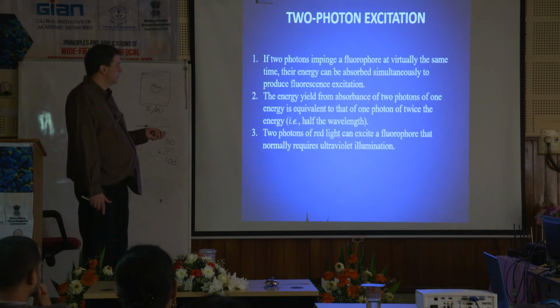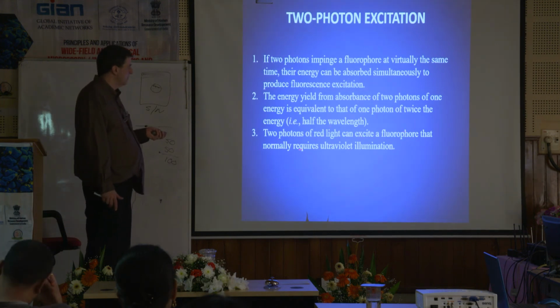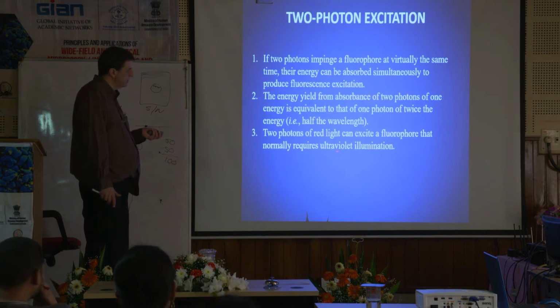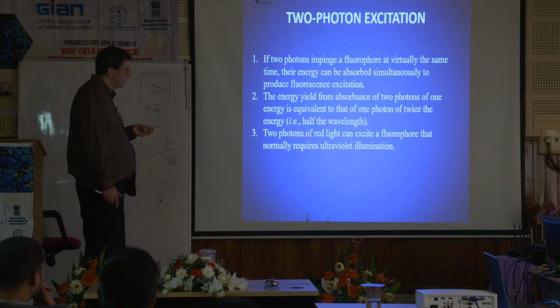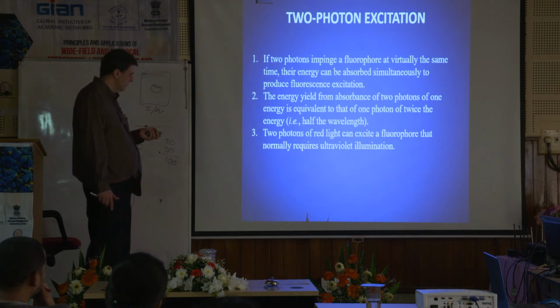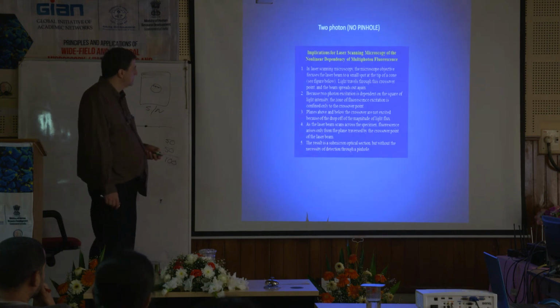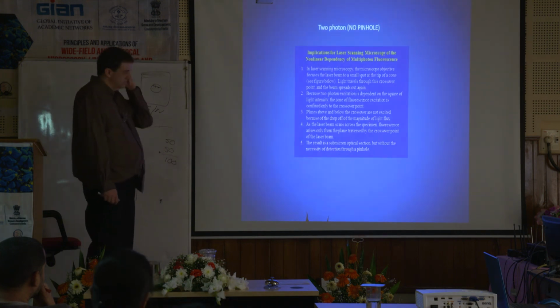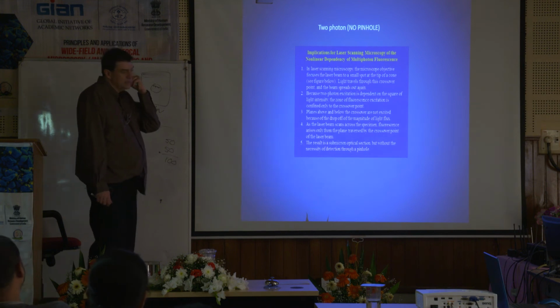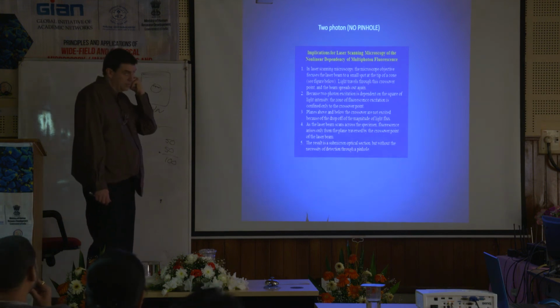So 2 photons of red light can excite a fluorophore that normally requires an ultraviolet illumination. Again, these are more destructive, right? Shorter wavelength, more energy. This, less energy, less scattering, could go deeper. Everything's a trade-off. Okay. So, the 2-photon doesn't need a pinhole because of the way it works.